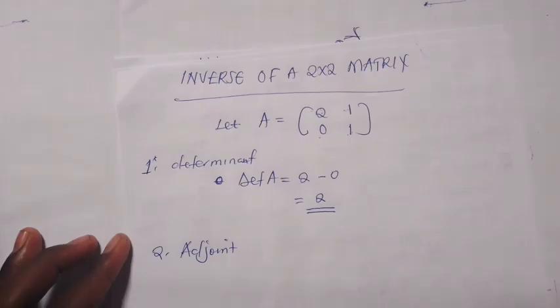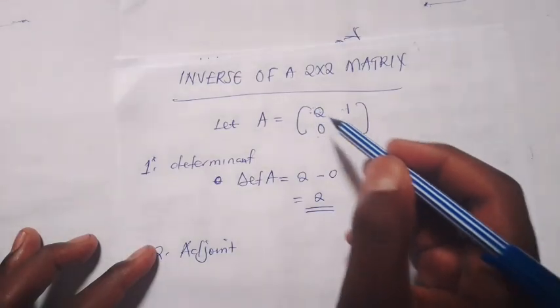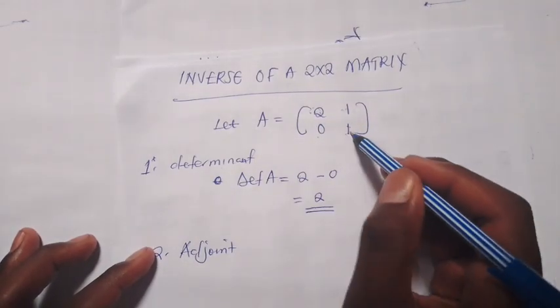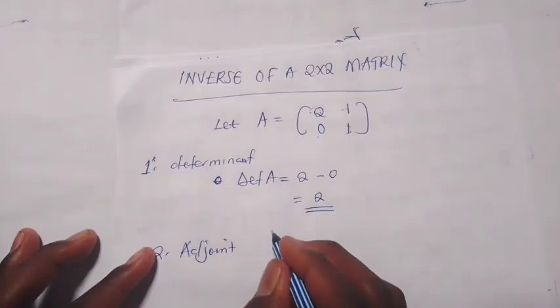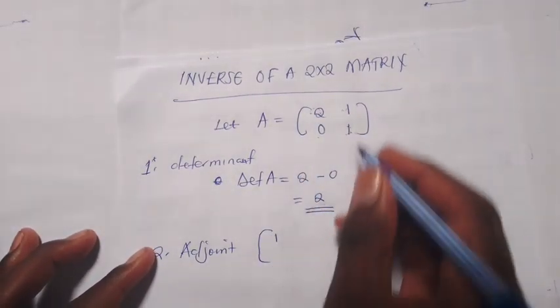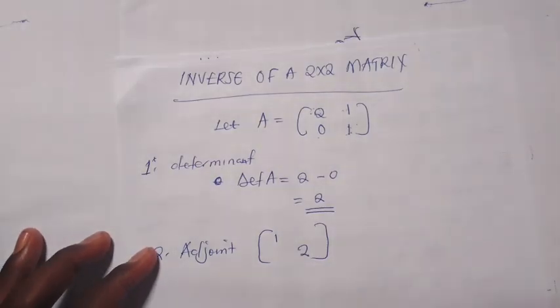This is our major diagonal. Interchange means this one will take the place of this one and this one will take the place of this one. So here we're going to have 1, then here we're going to have 2. Then change the signs of the elements in the minor diagonal to get the new matrix.